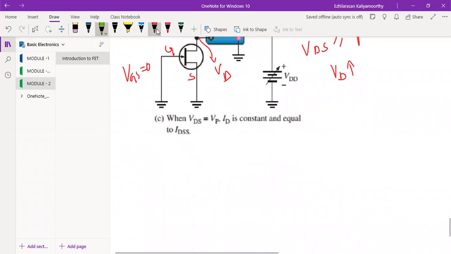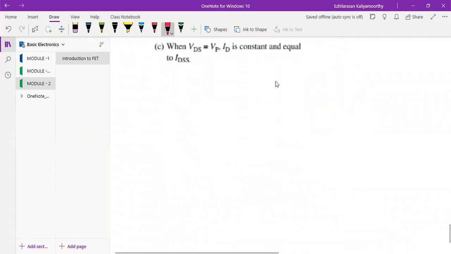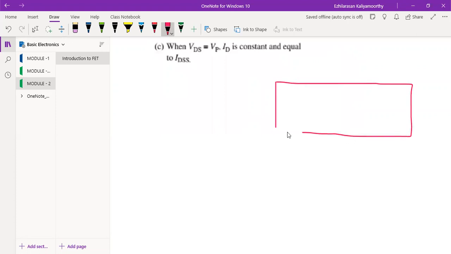So let me show a simple diagram. This is nothing but a cross-section view. This is your P, this is your P, and this will be your channel. This will be your gate, this will be your drain, and this will be your source.